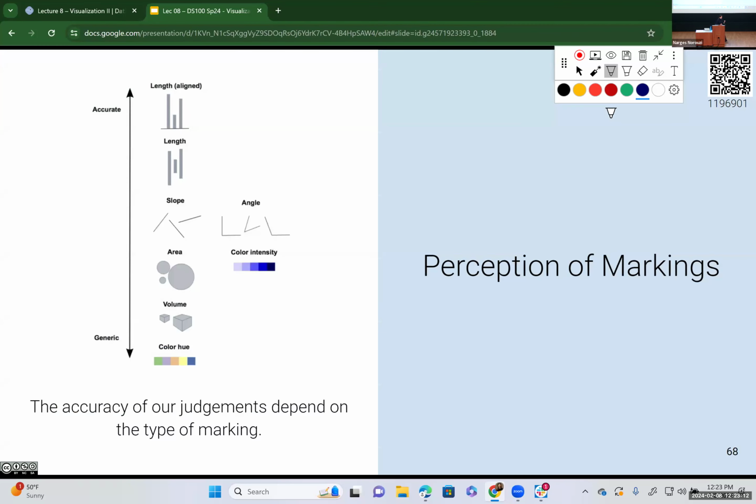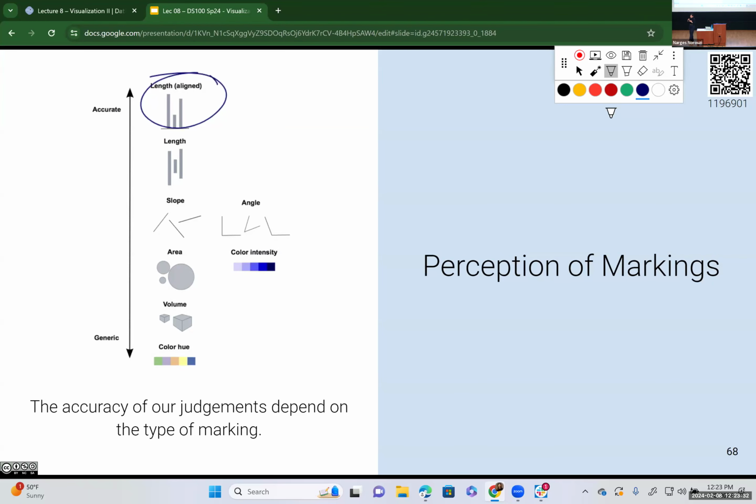The next thing I want to talk about is markings, because some forms of marking are easier for humans to understand than others. Why did I bring the example of lengths at first? It's because length is the easiest for humans to visually understand and compare.